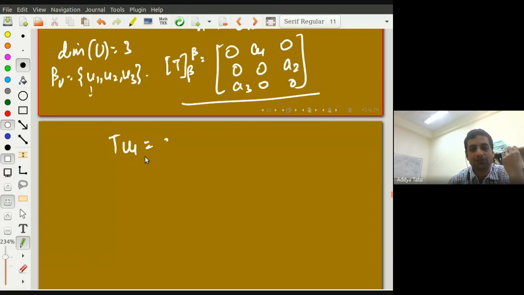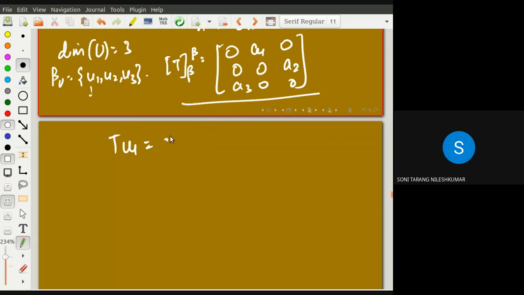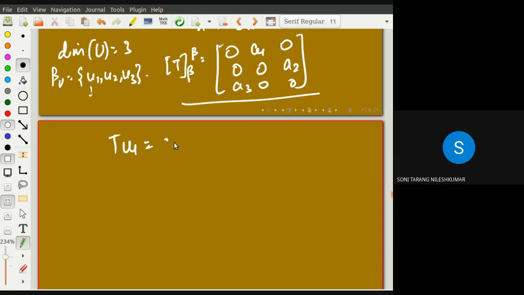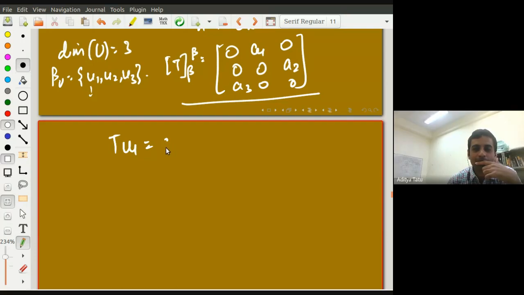Sir, will it be A3, A1, A2, the representation in beta? No. Did I write representation of TU1? T is an operator, a transformation from U to U. So I expect you to give me a vector in U which is TU1. So what would that be?